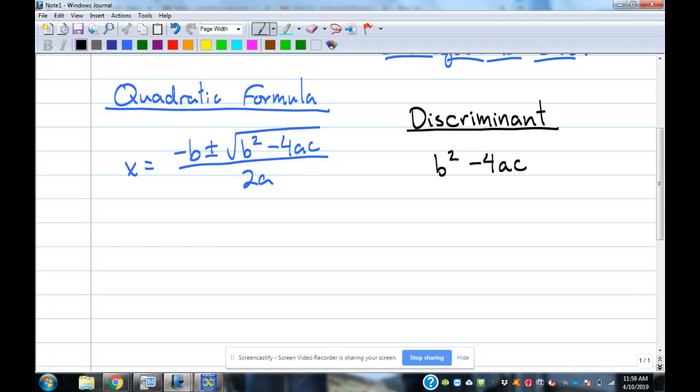Now, a discriminant discriminates. That's what it does. What it discriminates is what kind of answers we have. B squared minus 4ac: if it's greater than 0, what kind of number is greater than 0? Positive. If it's positive, that's the most common thing we're going to see in Algebra 1.